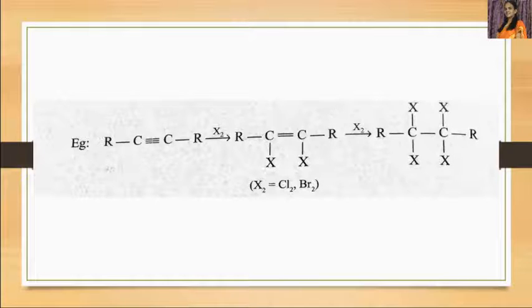Thus, initially we get this compound in which one more pi bond is left behind. This again undergoes addition with one more molecule of X2. These two atoms get added over to these two doubly bonded carbons and this pi bond breaks. Thus, we get the final product.